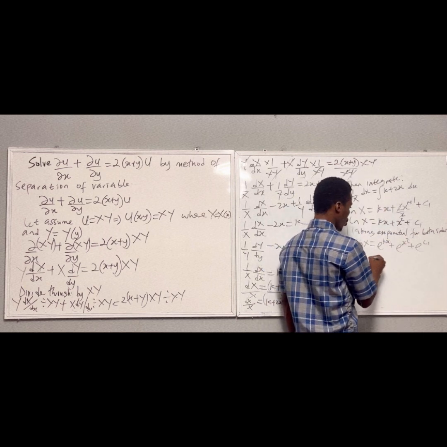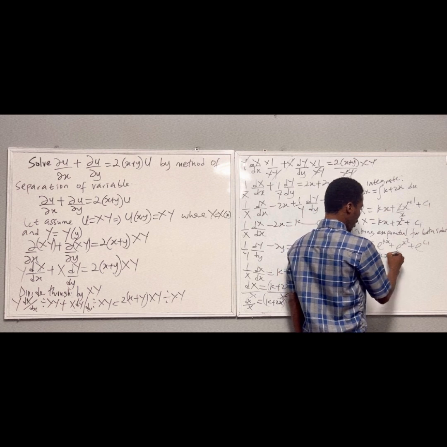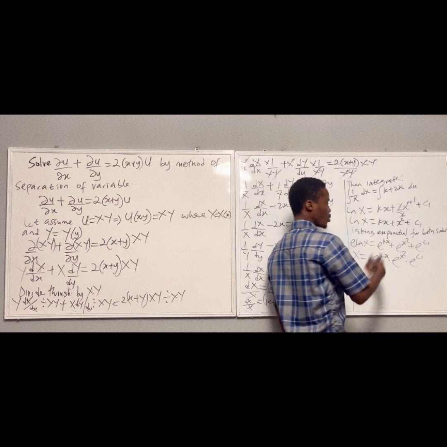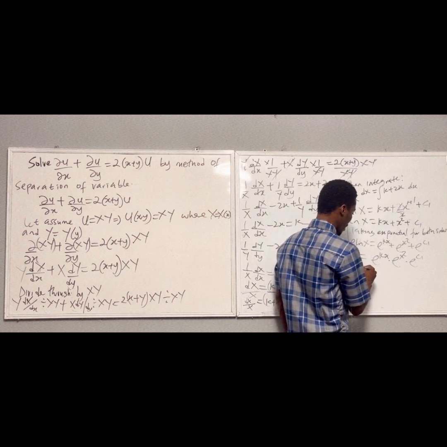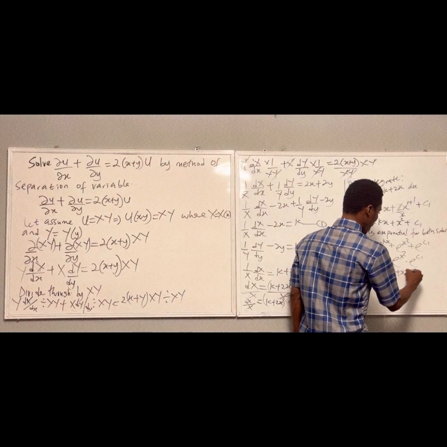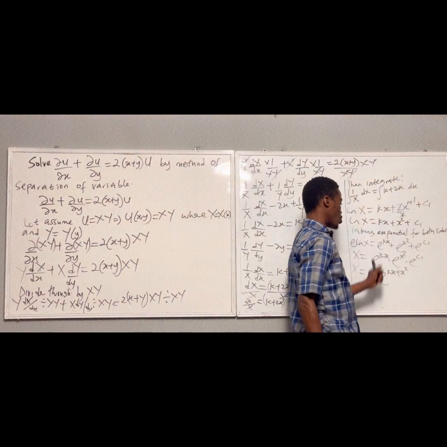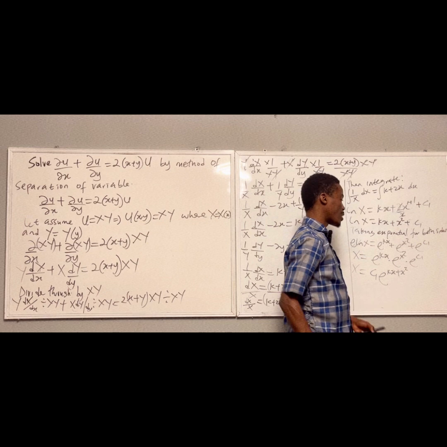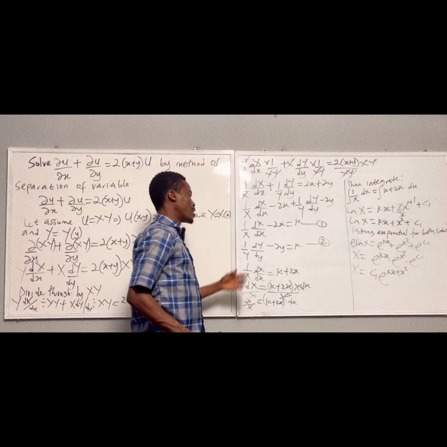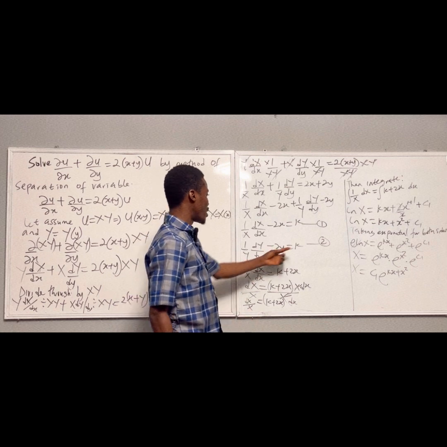I'm going to have x is equal to exponential kx times exponential x squared times exponential c1. Since c1 is a constant, I can just say x is equal to c1 exponential kx plus x squared. It means I've gotten my x. So next is to find my y. Remember in equation 2.